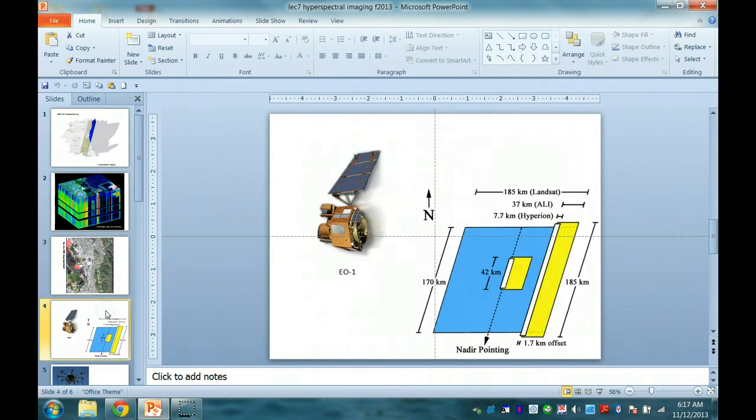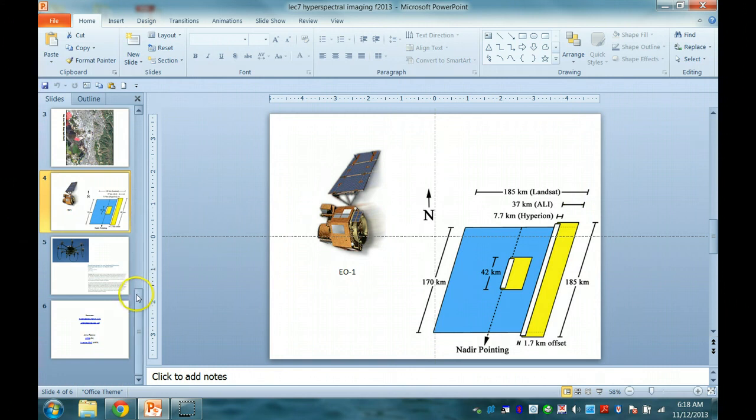Now, in hyperspectral sensing, we do have some different resources available to us. One of them, probably the one that's most widely used in the public domain, is the Earth Observing 1 satellite that was launched in 2001, and it carries a couple of sensors on it.